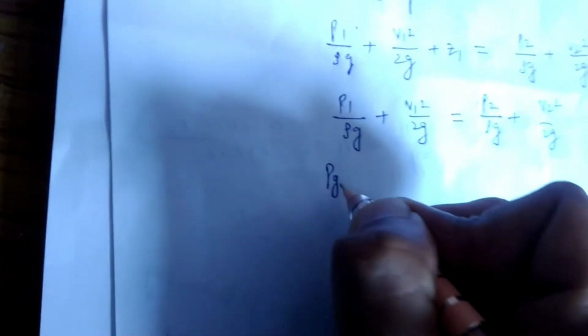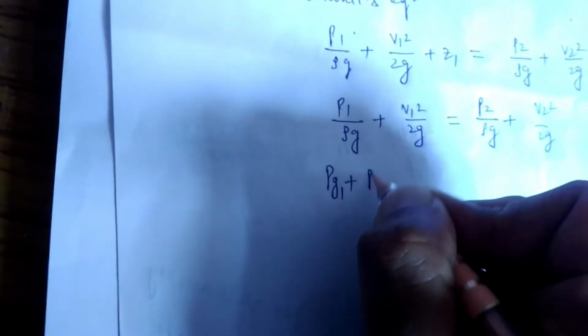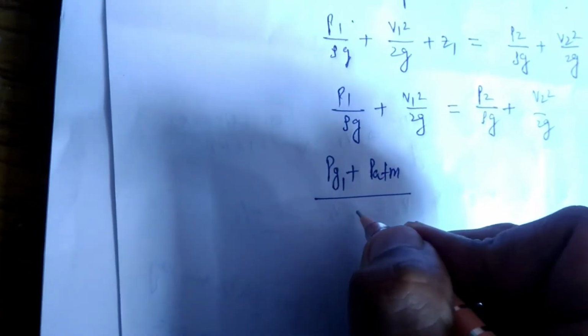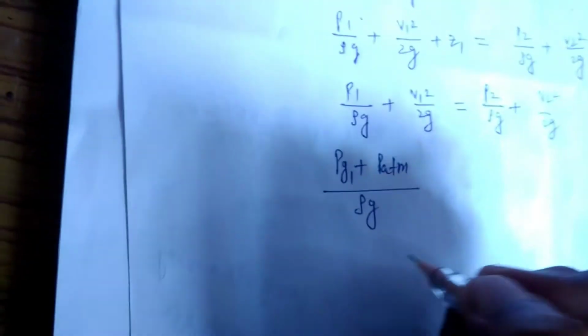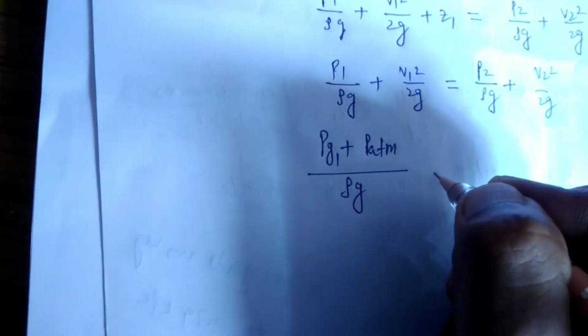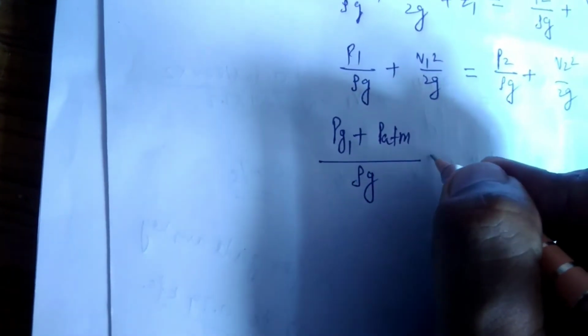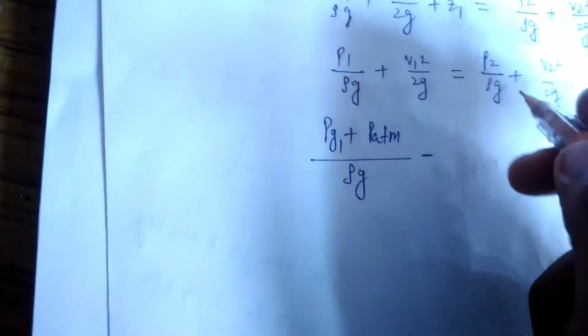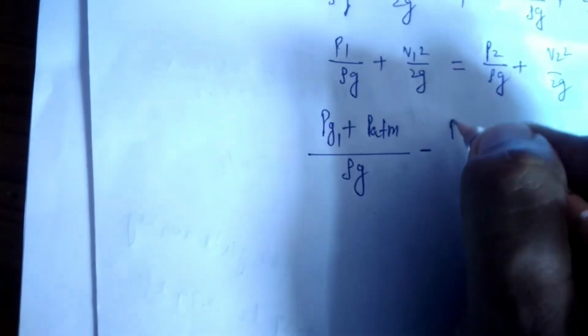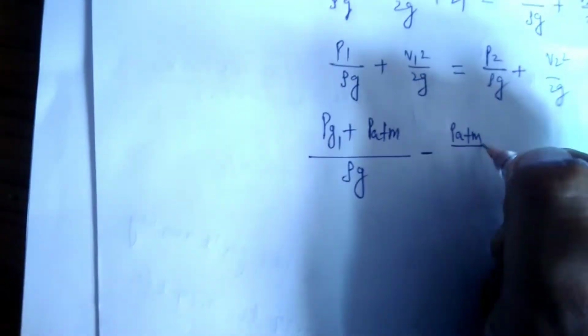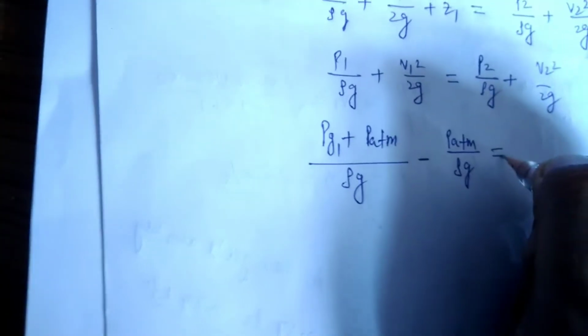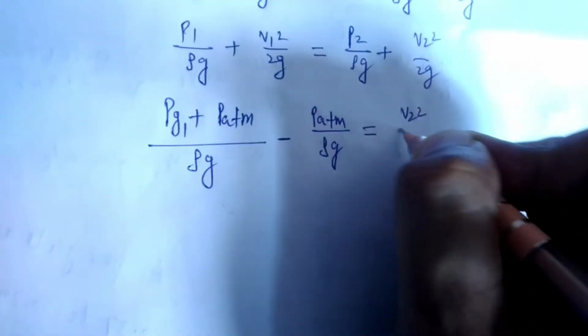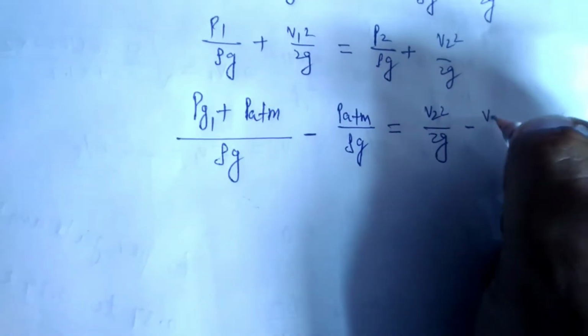P1 is the absolute pressure, which is written as P gauge 1 plus P atmospheric, upon rho g, minus P2, which is atmospheric pressure, so P atm upon rho g, is equal to V2 square upon 2g minus V1 square upon 2g.